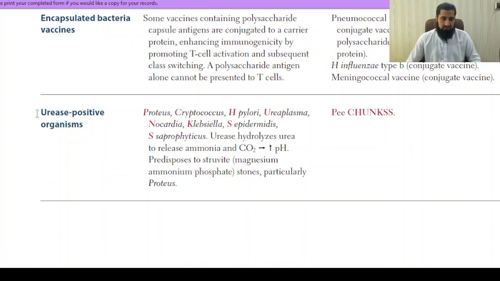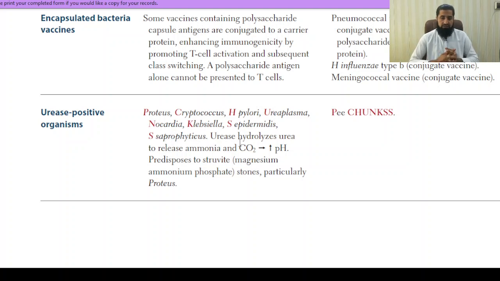Some other bacteria are urease positive organisms. Urease positive organisms are Proteus, Cryptococcus, Haemophilus influenzae, Ureaplasma, Nocardia, Klebsiella, Staph epidermidis, and Staph saprophyticus.